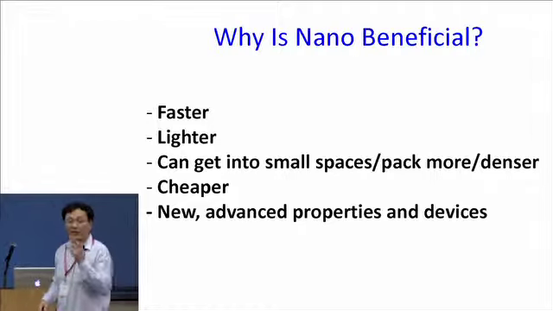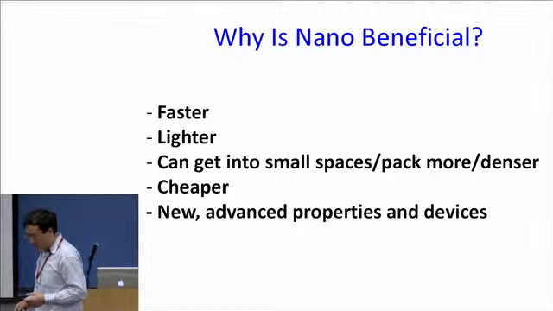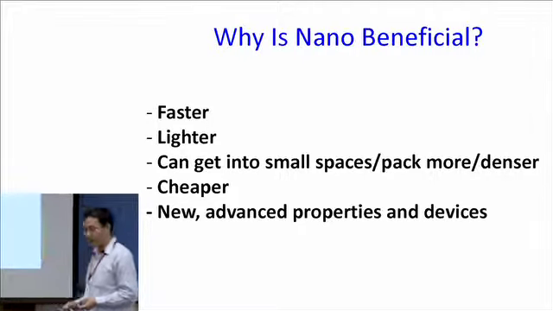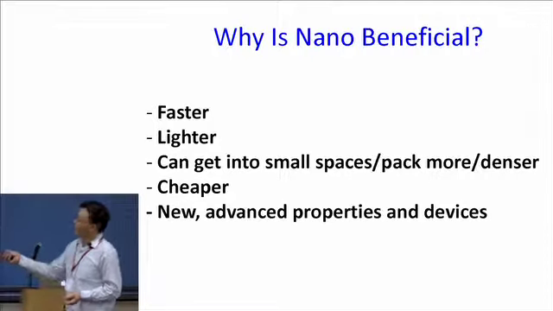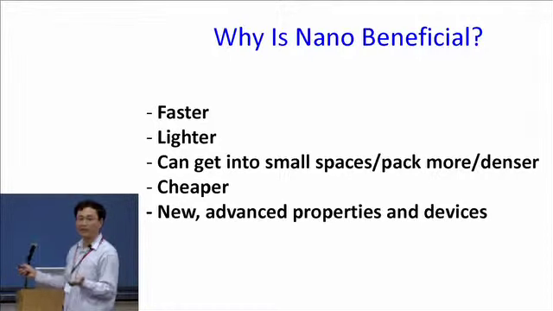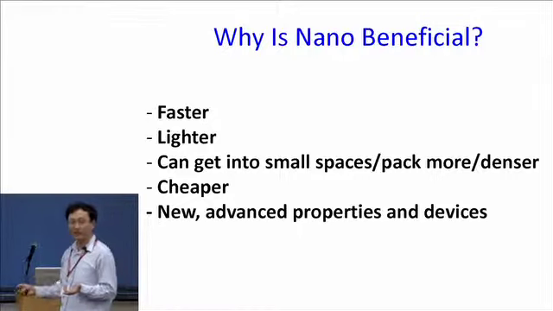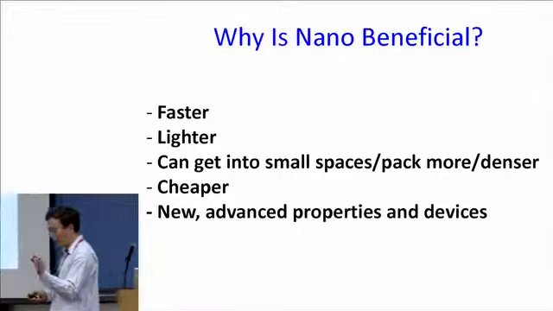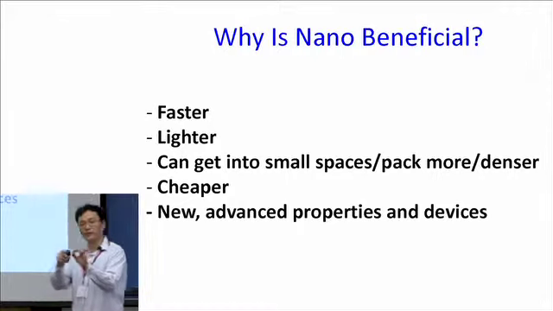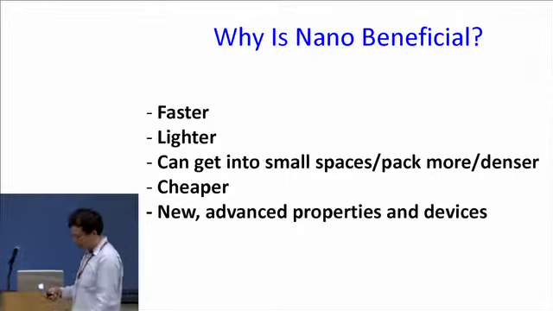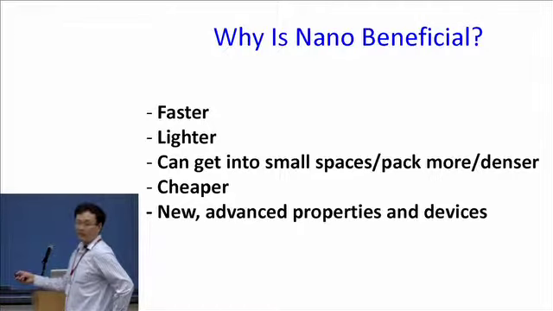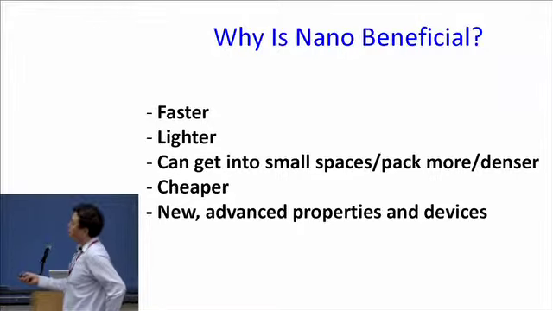Okay, now let's talk about why they're beneficial, how can they be used, right? How do you benefit from them? And these are, again, a simple summary of what they're good for. One is faster, okay? Because they're smaller, there are smaller distances to travel for the electrons, for the ions. So you can get devices that are faster, lighter, okay, because they're small.